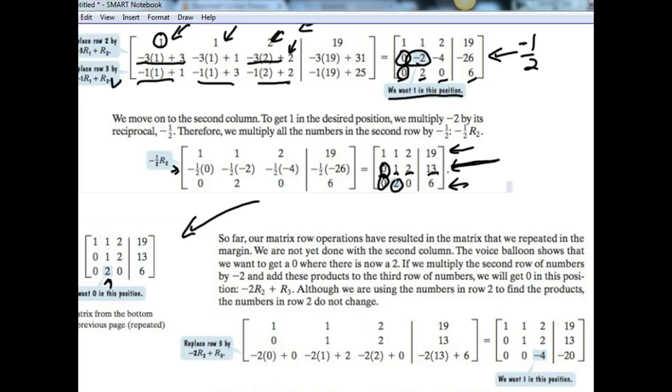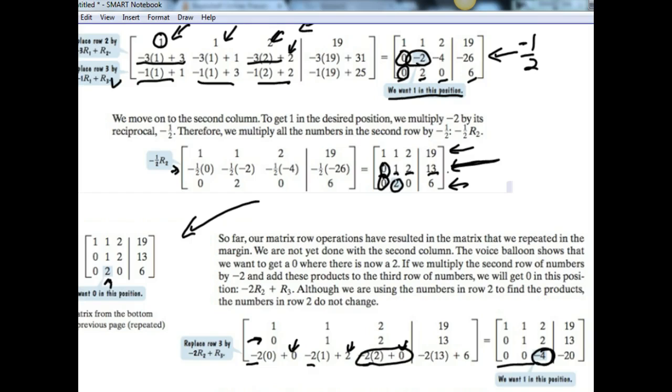Okay, so if I multiply row 2 here by -2 each time, and then add it to row 3, then I'm going to end up with a 0 like I wanted. But it also turns this last one into a -4.